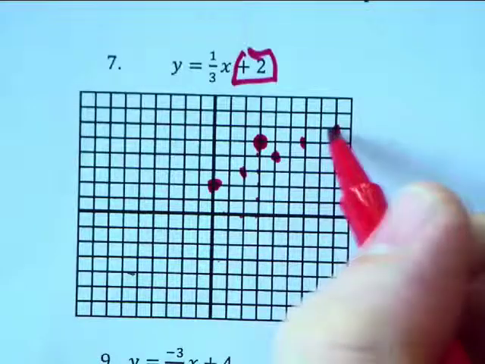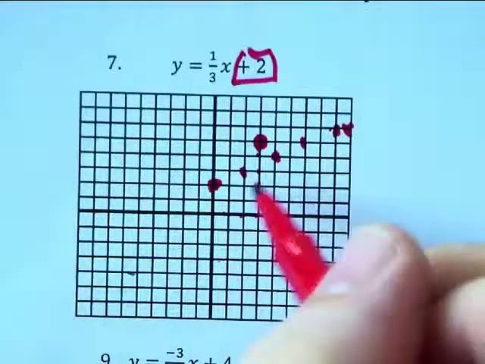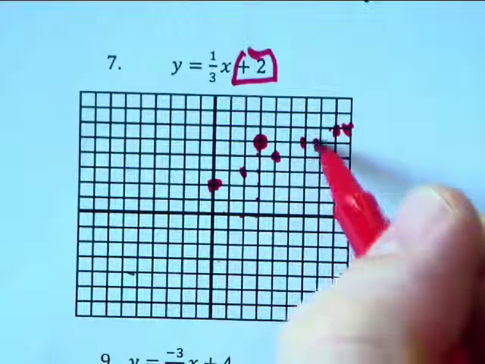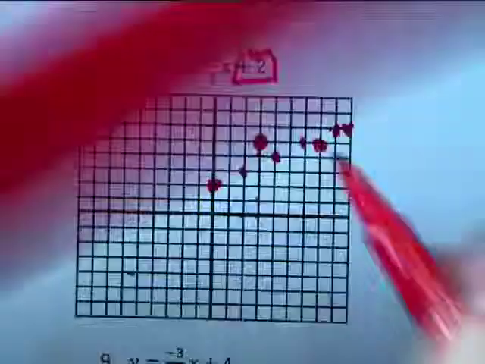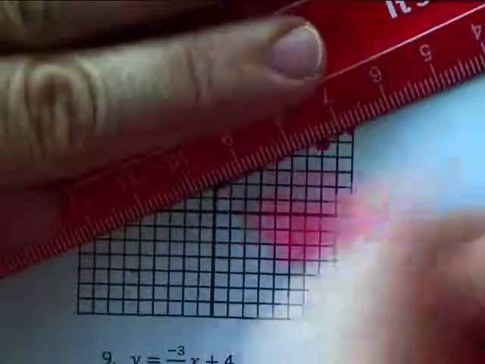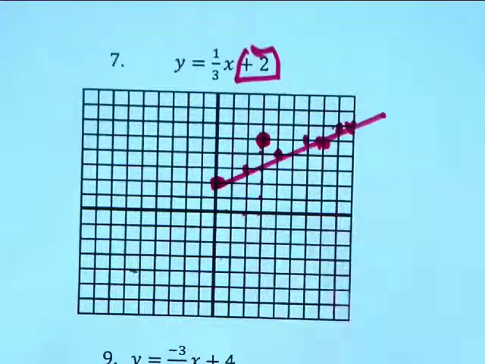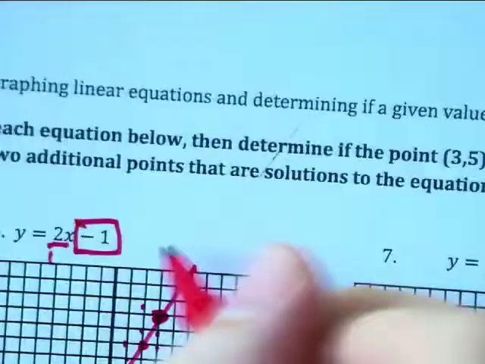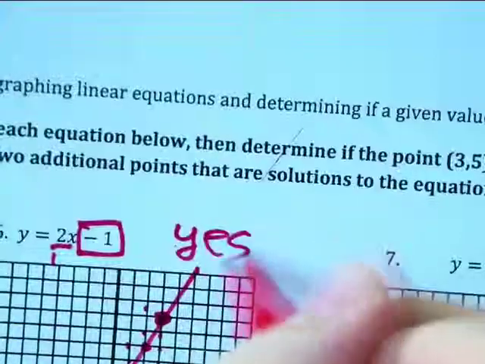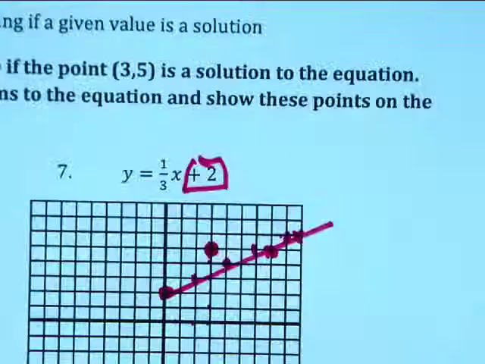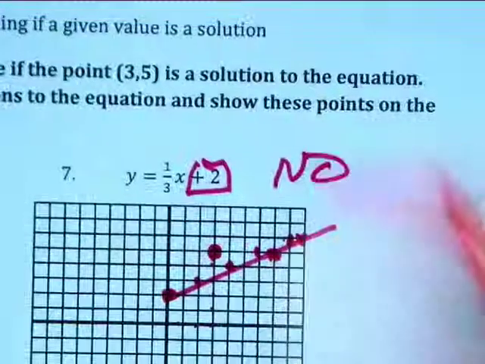But anyway, we see it does not cross that point. So number 6 is yes, it is part of the answer. Number 7 is no, it is not part of the answer.